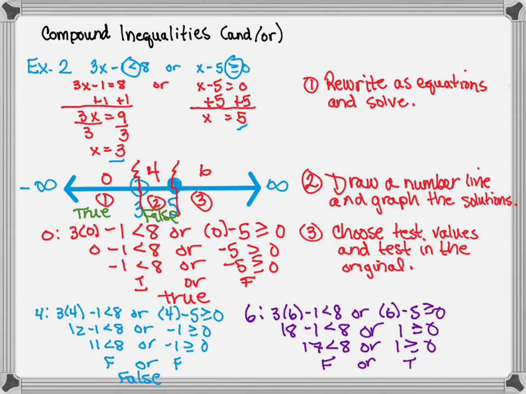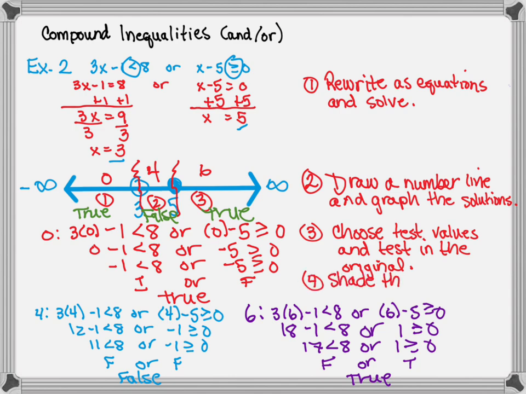But 1 is greater than or equal to 0, so that is true. Again, with an or statement, if at least one of the statements is true, then the or statement is true, so this one is true. And I will write true on the interval where we got the 6.